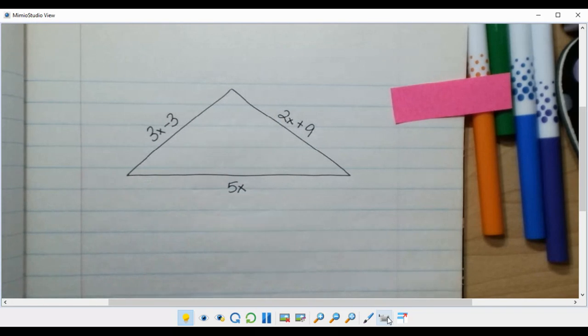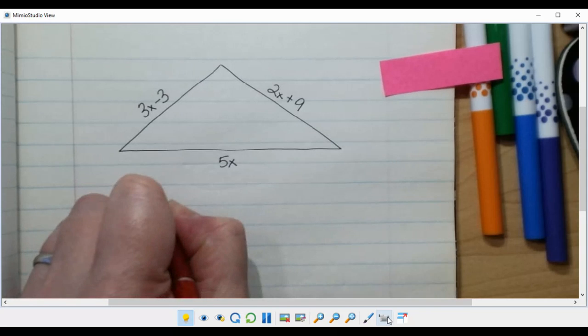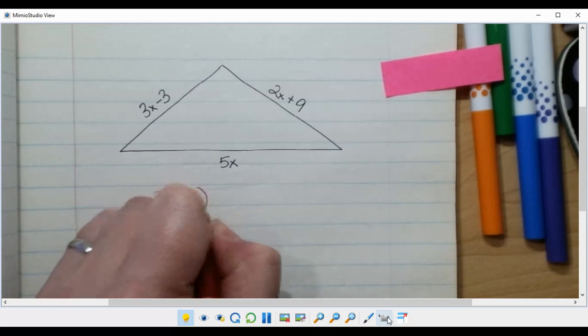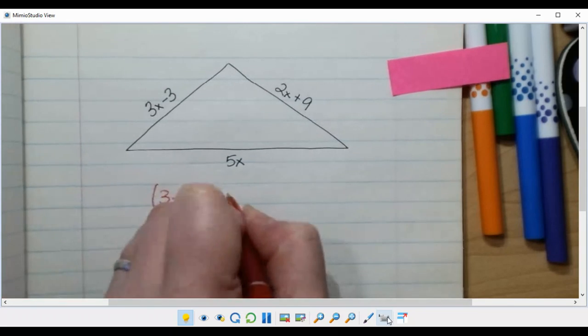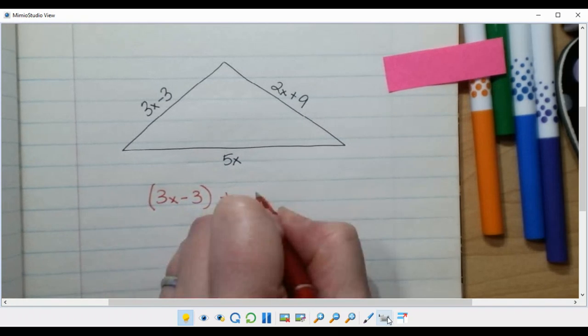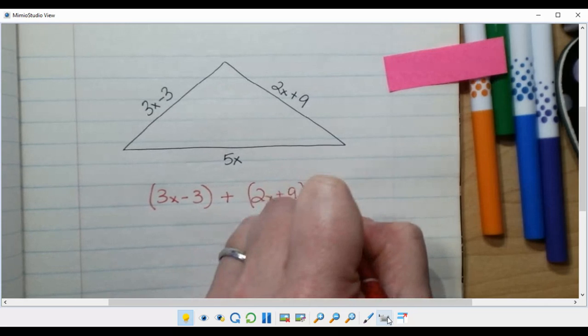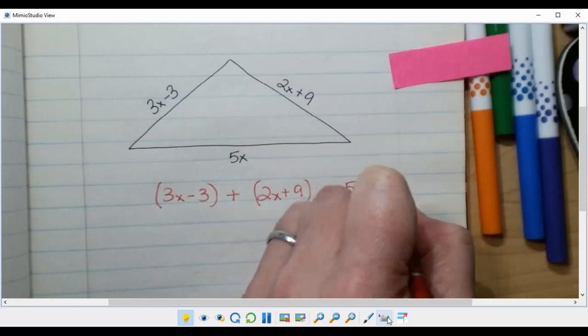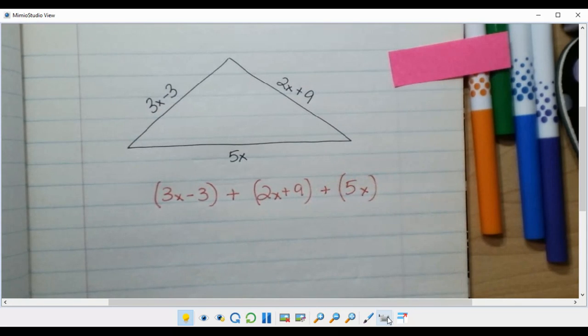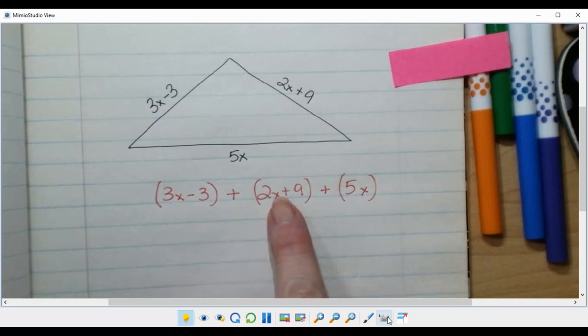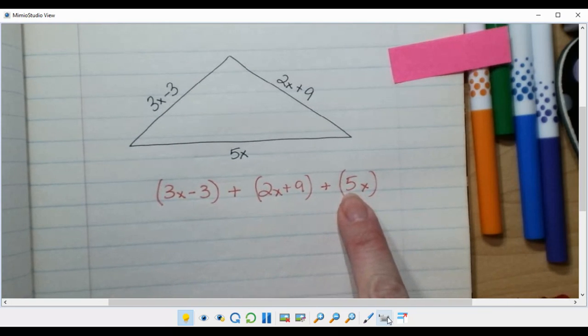So let's start off by writing the expression. We've got 3x minus 3 plus 2x plus 9 plus 5x. So a triangle has 3 sides. I have to make sure I have 3 pieces to my expression, and I do.